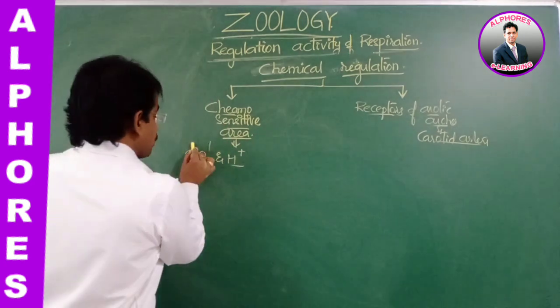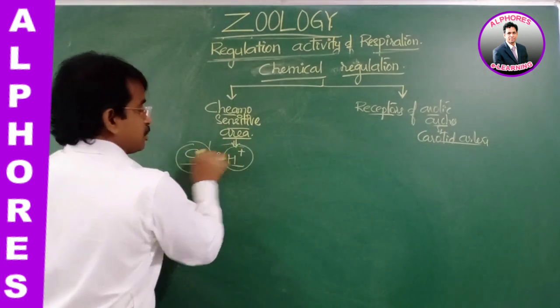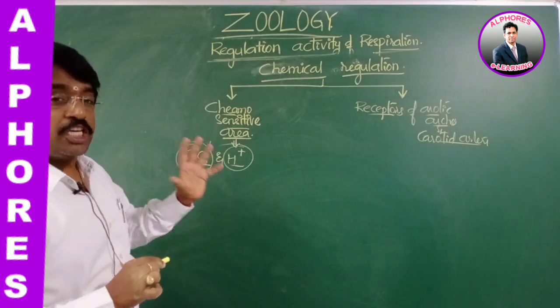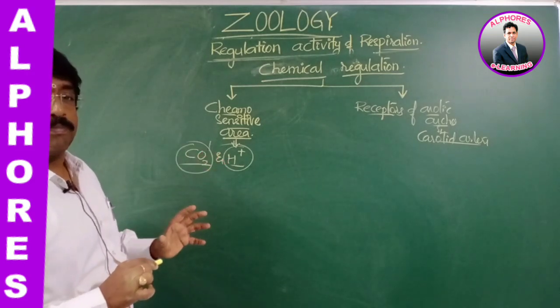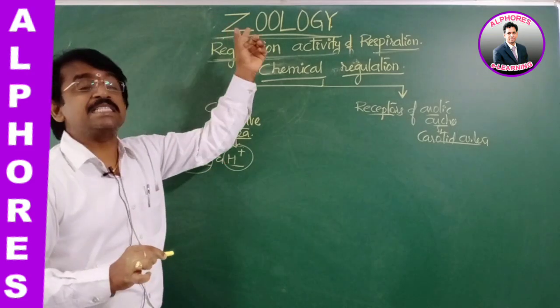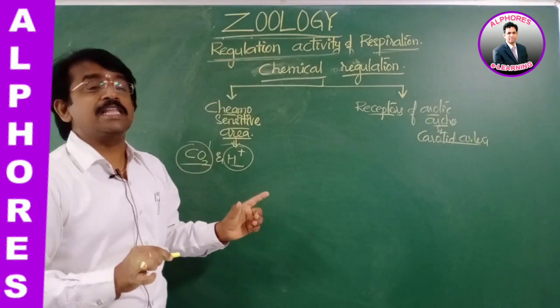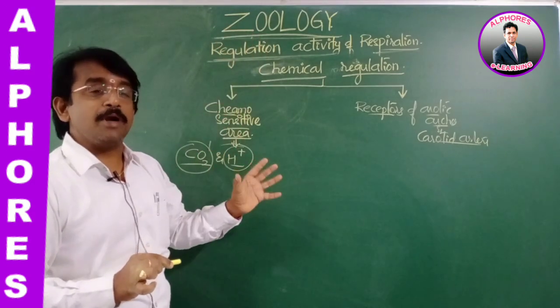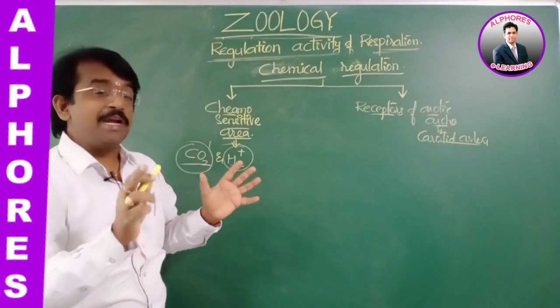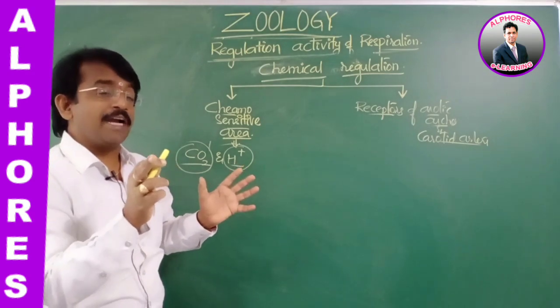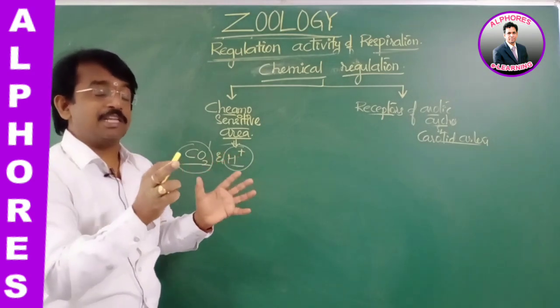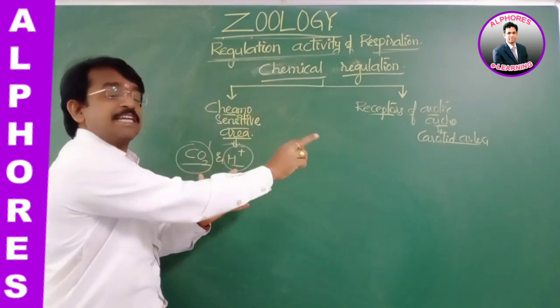The carbon dioxide and H plus ions are detected by the chemosensitive area, which gives the necessary signal to the respiratory rhythmic center present in the medulla oblongata. Immediately, the medulla oblongata containing the respiratory rhythmic center gives the necessary signals.